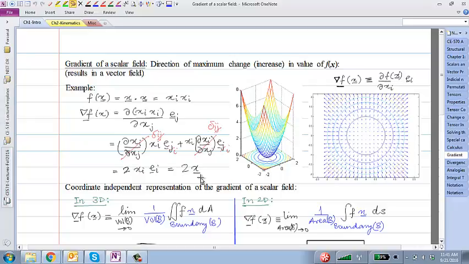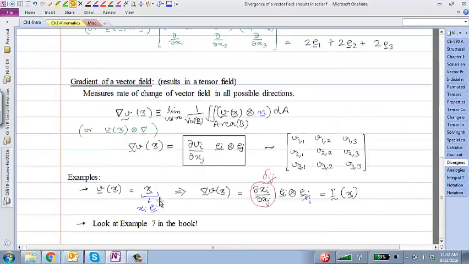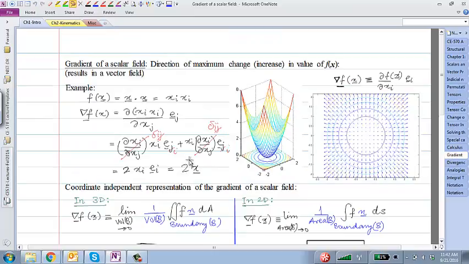What was the gradient of the vector field x that we calculated last time, of the vector x? Yes, it was identity, right? So last time we showed that if the vector field is x, the gradient of that vector field turned out to be an identity tensor field, which means that a gradient of 2x would be twice identity, right?